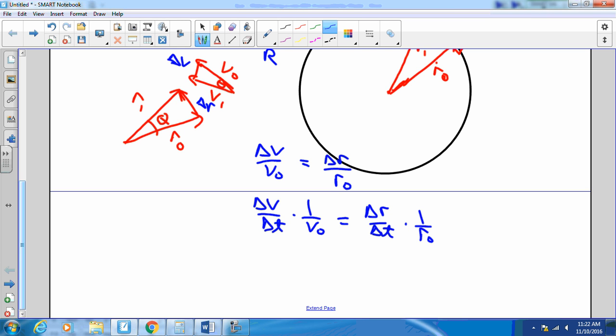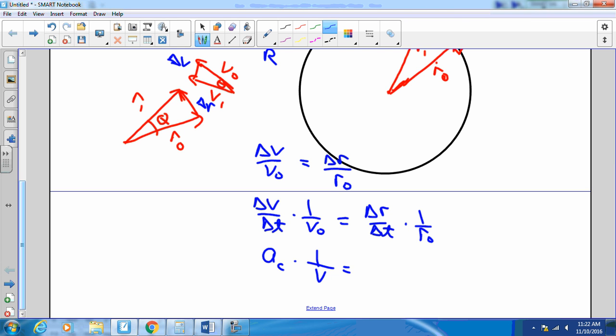Now, delta v over delta t, we know that's acceleration. And specifically, we know that it's centripetal because it has to be pointing straight in. And 1 over v0 is the length of v0, that's just the speed. We're going to call that v. Delta r over delta t is the average velocity over that time.